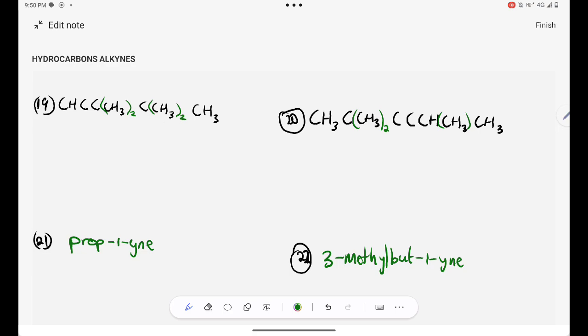Okay, number 19. For number 19, I simply have CH like this. I have a C with 2 CH3s like that, and I have a C with 2 CH3s as well. And then I have a CH3. I just need to write the hydrogens over there.